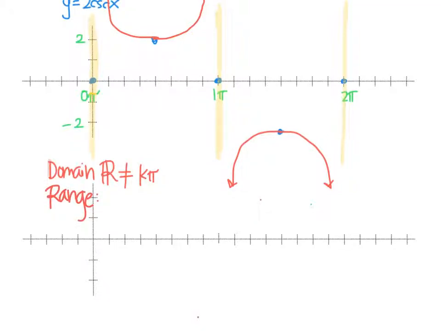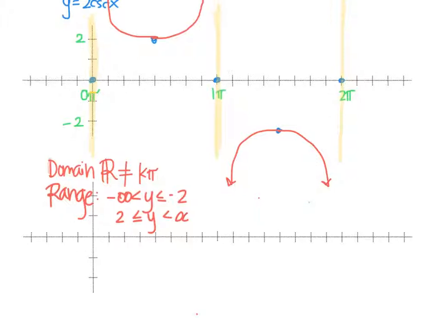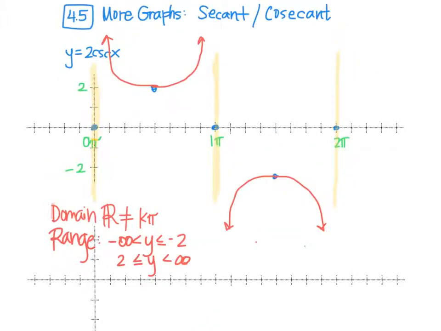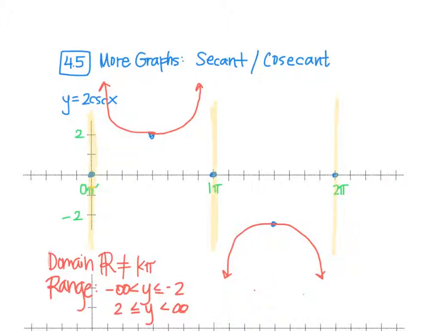So we say our range is negative infinity up to and stopping at -2, and then picking up again at +2 and going all the way to infinity. So that is called the graph of cosecant. So the graph of cosecant starts out with the 5 same dots as sine. You just don't connect the dots.